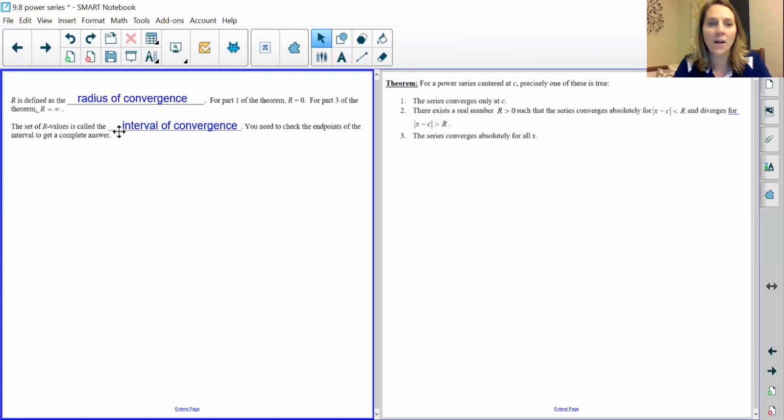One important fact is that you need to check the endpoints of the interval to get a complete answer. You'll see what I'm talking about when we get to the next example, but we'll have a scenario where we can figure out where it's centered, and then from there, undoing this absolute value, we'll be able to get an interval.